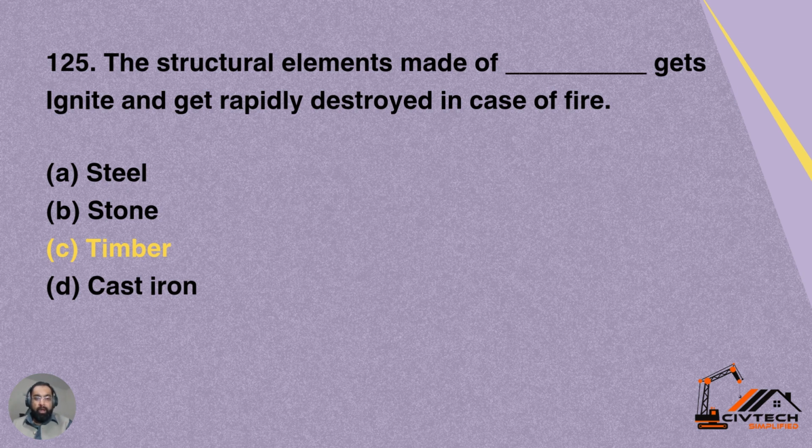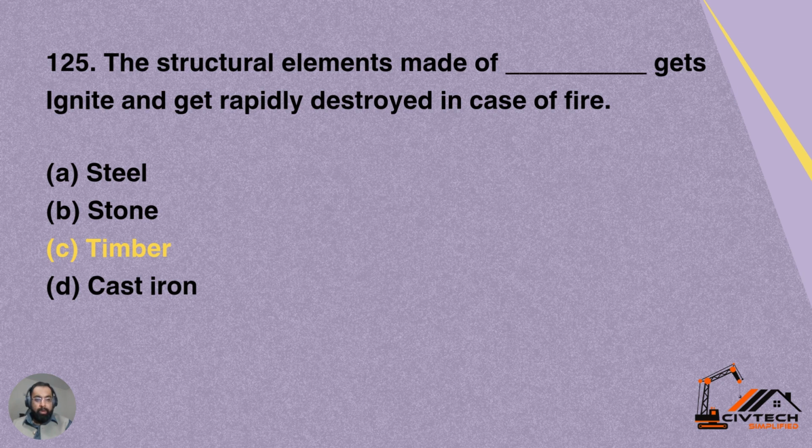Question number 125 and the last question for today's lecture. The structural elements made of dash get ignited and get rapidly destroyed in case of fire. So which type of material are the structural elements made of that get ignited and rapidly destroyed?